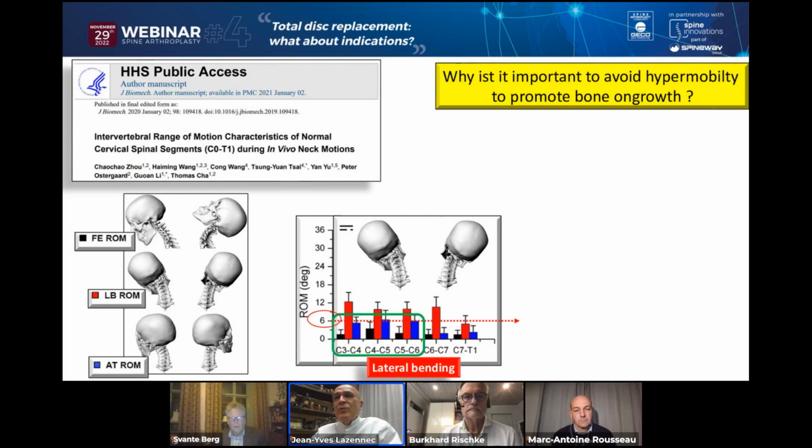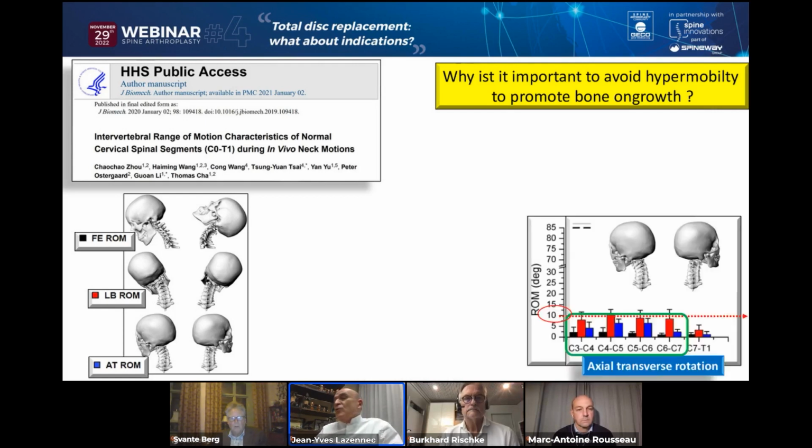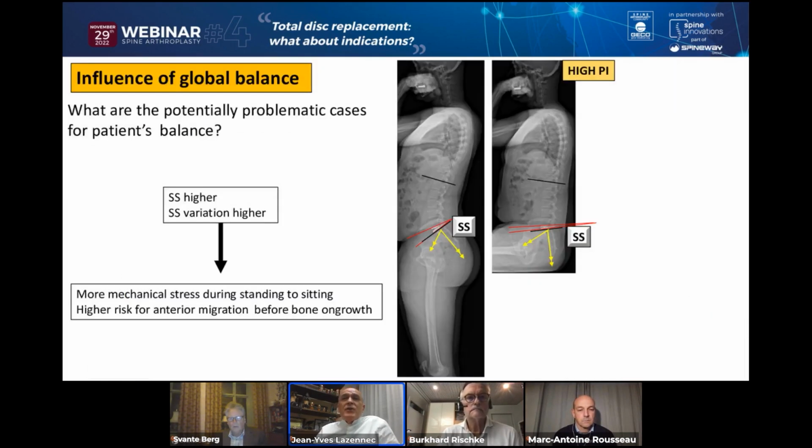And now, if I accept the patient to do maximum axial rotation, look at this, you have also at the level of the disc, so at the level of the prosthesis, until 10 degrees bending. So what is the message? The message is not to ask the patient not to move a lot, but it is to be aware of this to avoid delayed bone ingrowth.